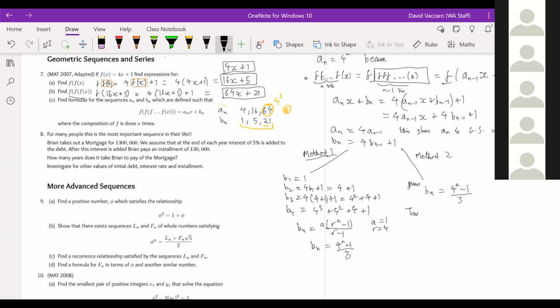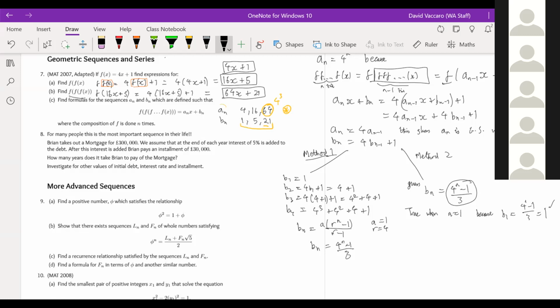Now, this is true when n is equal to 1, because b1 is equal to 4 to the power 1 minus 1, which is 3, divided by 3. So if you'd spotted this formula, 4 to the n minus 1 over 3, that works for n equals 1.